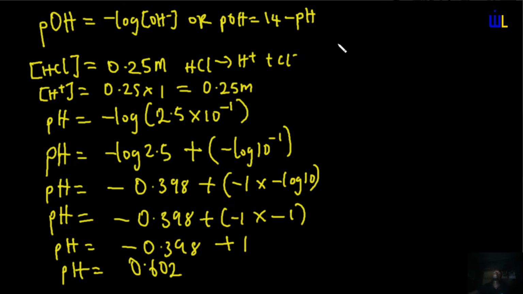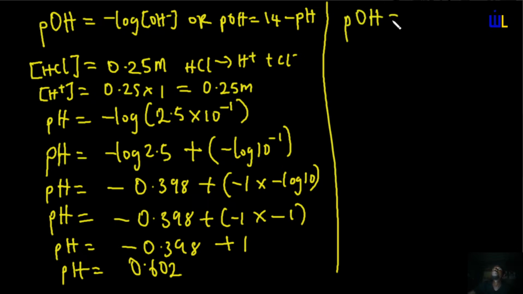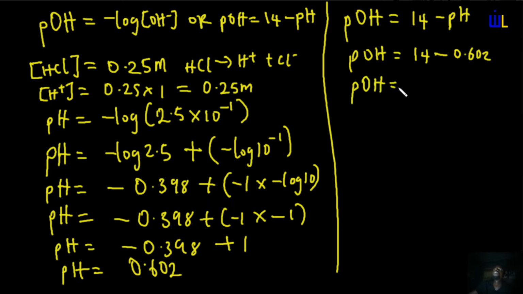But the question did not say we should find pH. It said we should find pOH. So our pOH, when we have a pH, is 14 minus pH. So which means our pOH is 14 minus 0.602, and that is going to give us a pOH value of 13.398.